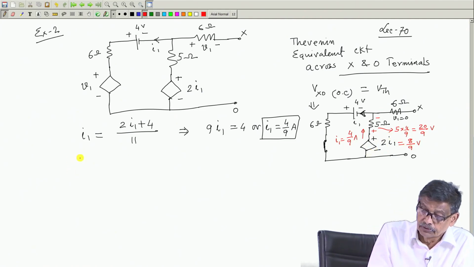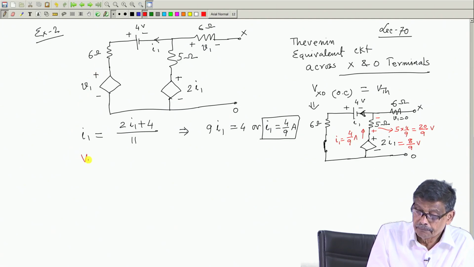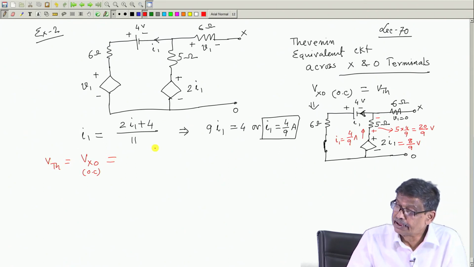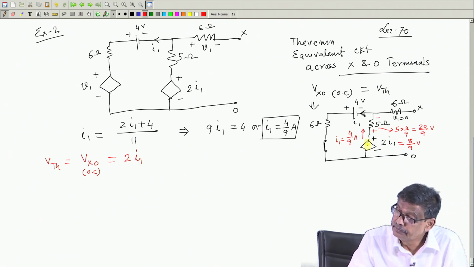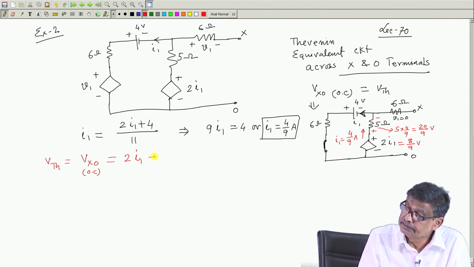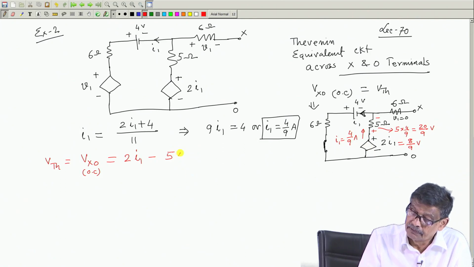So, V x o open circuit is your V Thevenin between point x and O. So, start your journey from O. So, there is a voltage rise of 8 by 9 volt, that is I first write it like this, 2 I 1, then minus 5 I 1.